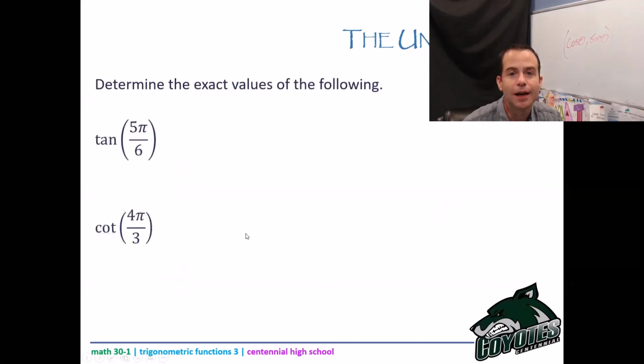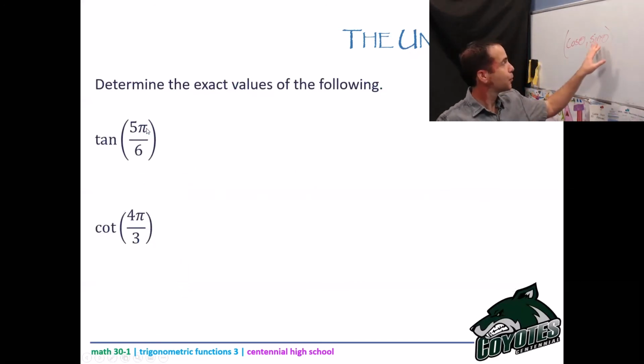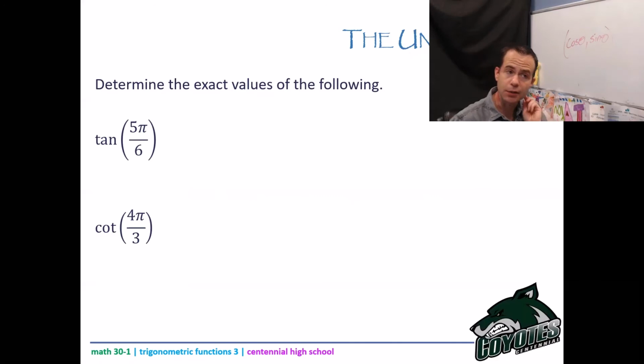Okay, the tan of 5 pi over 6. So for the tan, remember we're going to go y divided by x. We're going to go sine of theta divided by cos of theta. You'll also notice in the unit circle, every coordinate pair I give you has a common denominator. So when you have a common denominator, you just have to go the numerator divided by the numerator, okay?